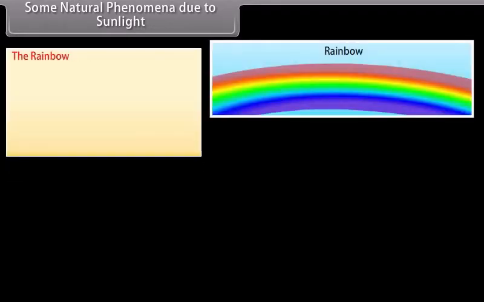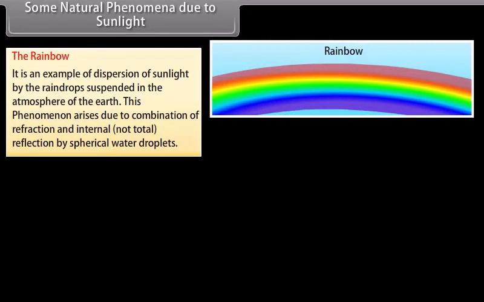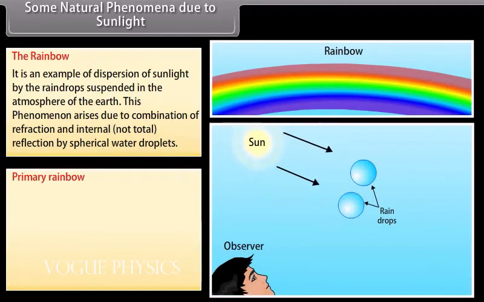Some natural phenomena due to sunlight. The rainbow. It is an example of dispersion of sunlight by the raindrops suspended in the atmosphere of the earth. This phenomenon arises due to a combination of refraction and internal, not total, reflection by spherical water droplets. Primary rainbow.